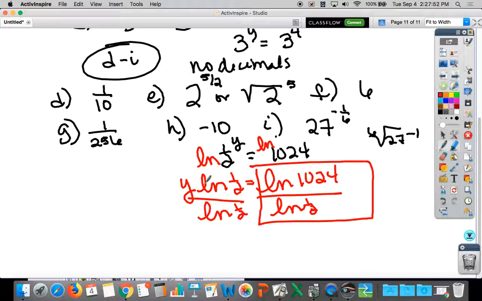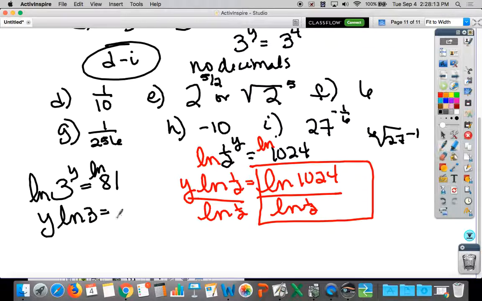So that goes back to that one, like C also. When C was 3 raised to the y equals 81, you can drop in an ln on both sides, bring that power down, and then divide by what's next to it.